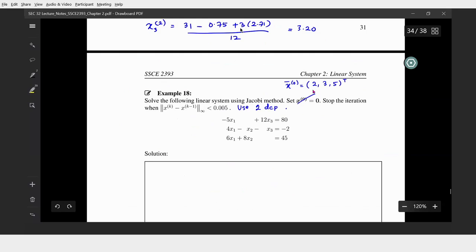Just change to 2, 3, 5 and use 2 decimal places. If you use 2 decimal places, change the stopping condition here to be 0.05. So try that one later.